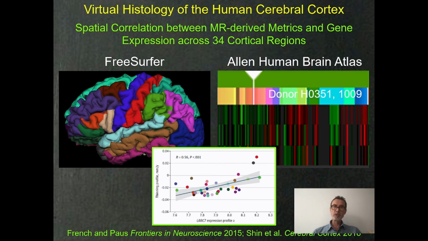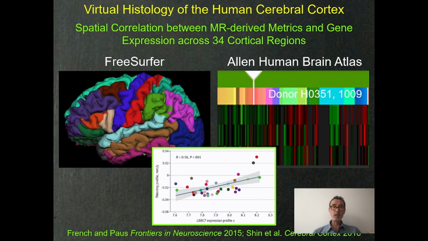We are fortunate to have data on gene expression in the human cerebral cortex from a few donors, but I don't have time to get into the reliability of the profiles of gene expression that are available for each of the 34 regions that we segment with FreeSurfer.